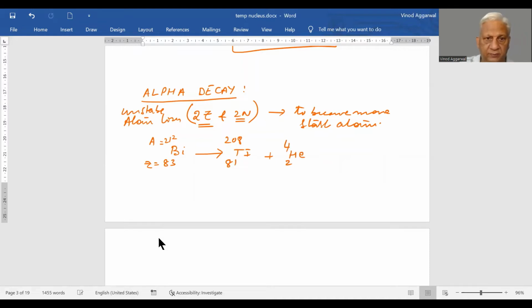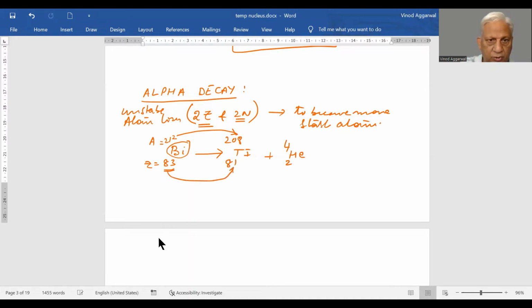So if you see, the bismuth has lost from 212 to 208. This is A. And what is the difference between protons?